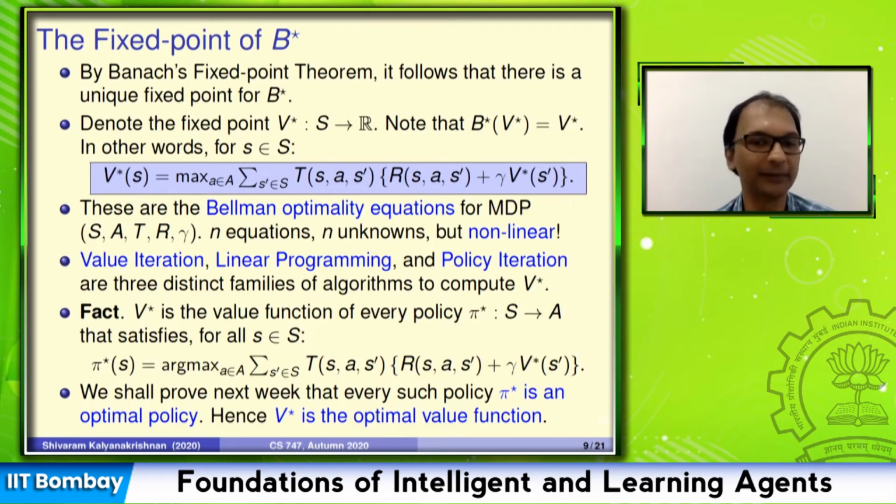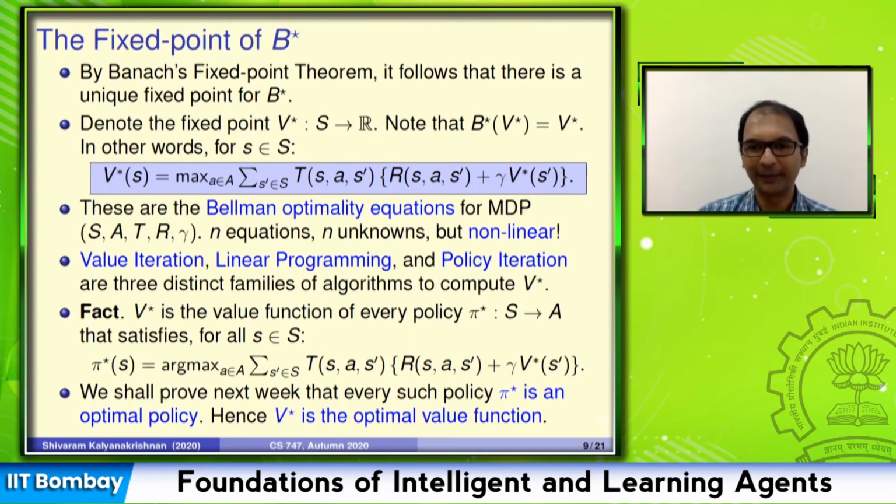Each of them will be an optimal policy for the MDP, which means there will be no policy that can strictly exceed the value function of pi star in any state. That remains a claim at this point of time, but V star is actually going to be the value function of these optimal policies pi star, which is why we are undertaking different methods to somehow compute V star.